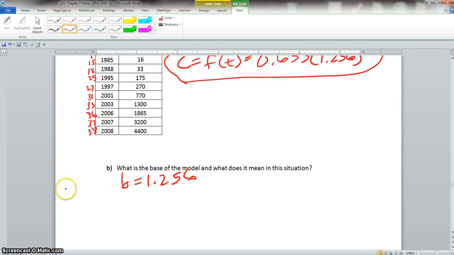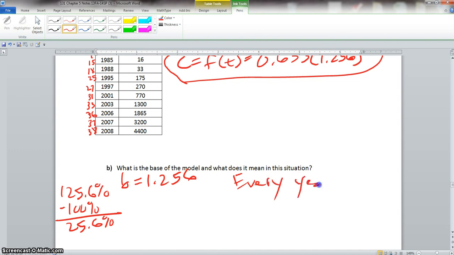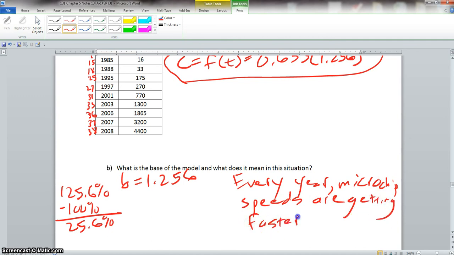And if we write that as a percent, we have 125.6% minus 100%, which will leave us 25.6%, which means that every year microchip speeds are getting faster by 25.6%. And that is your final answer.